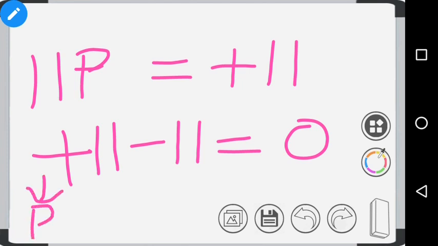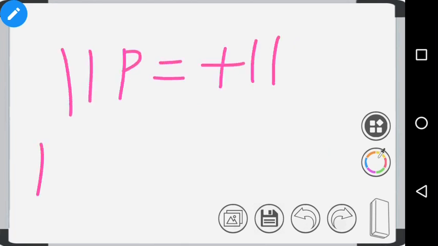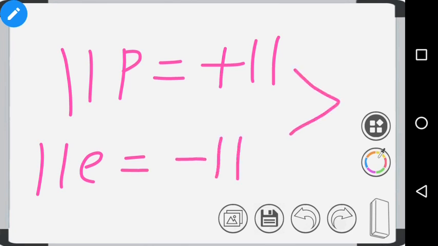This is the number of protons, and this negative charge means electrons. How many electrons? 11 electrons. So 11 protons have plus 11, 11 electrons have minus 11. When we add these two, we get 0. Now see, the numbers are the same, right? So in an atom, the number of protons is equal to the number of electrons.